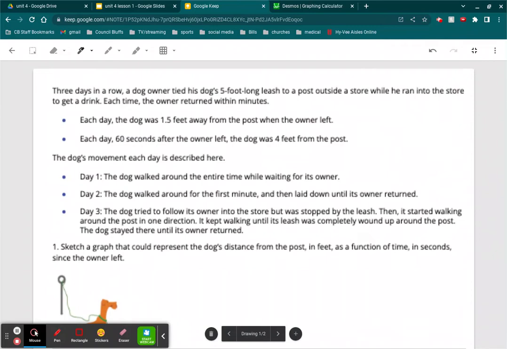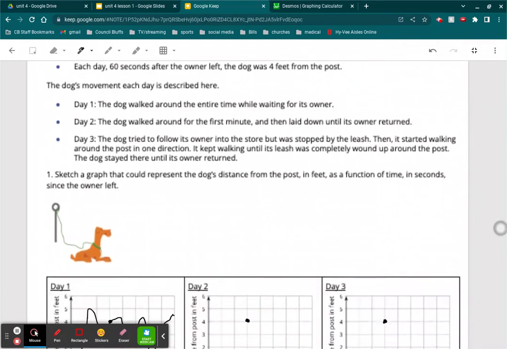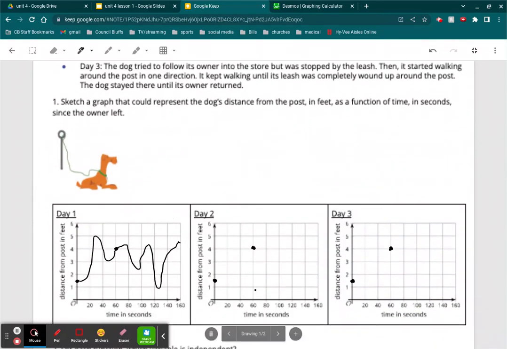All right. Day 2, the dog walked around for the first minute and then laid down until its owner returned. All right. So we know it's 1.5 feet when the owner leaves. We know at a minute later, it's at 4 feet.